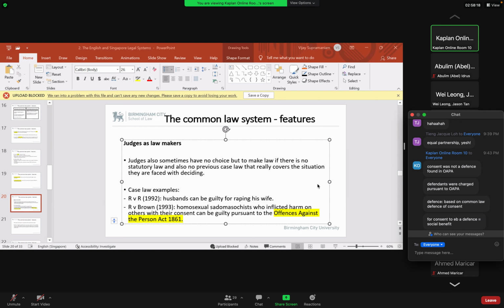So this principle was actually established in this case. Prior to this, it was not discussed in any case that for there to be consent, there must be social benefit. Do you see here? This is how common law is able to develop as and when it is necessary for them to clarify the law.